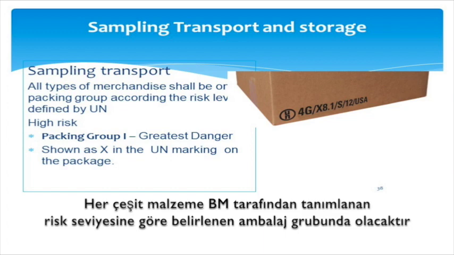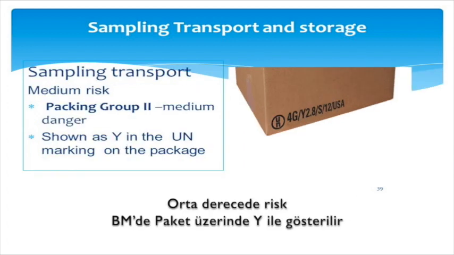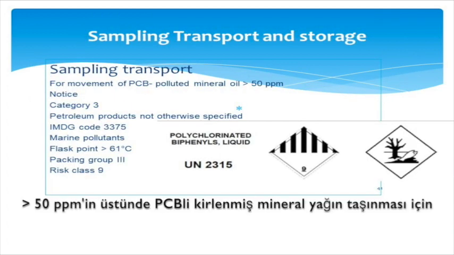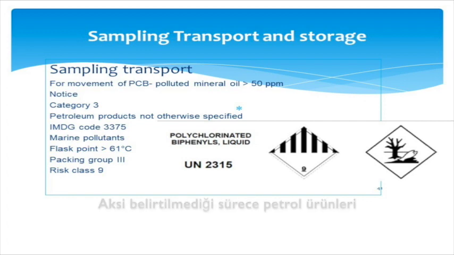UN defines the category of risk to put on the external packaging. X is the greatest danger goods. Medium risk is shown by the letter Y, and the low danger is covered by the letter Z. For movement of PCB, polyurethane mineral oil above 50 ppm, use notice category 3.